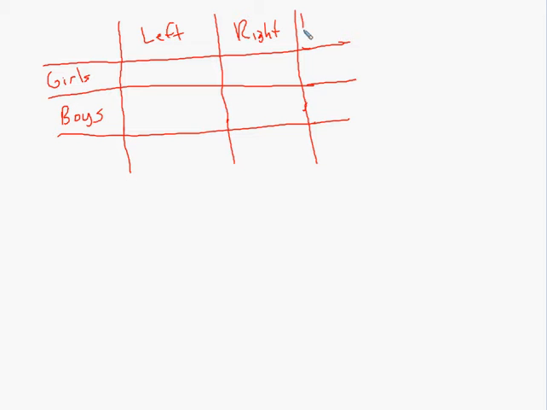I like to do double lines where the totals go. And let's just fill in these. Let's say we're a small school, so let's say we have 5 left-handed boys, 15 right-handed boys. Girls are a little bit crazier. Let's say we have 6 left-handed girls, and we don't have quite as many girls, let's say, for whatever reason. Let's say there's only 9 girls that are right-handed.